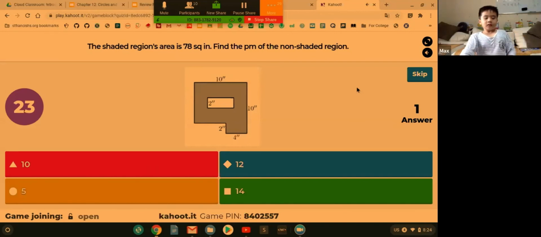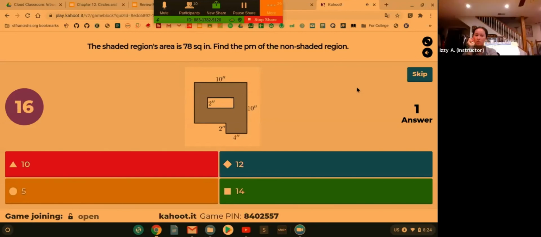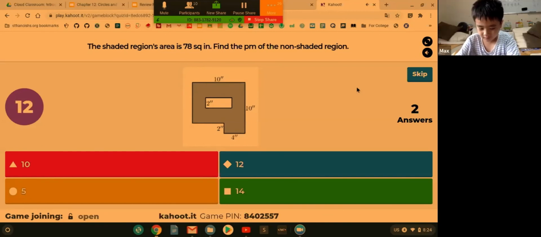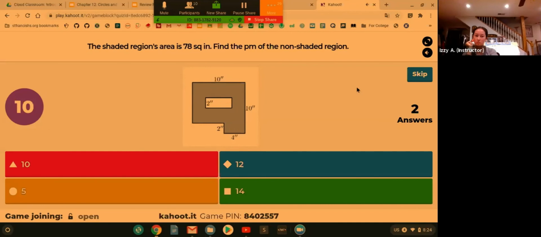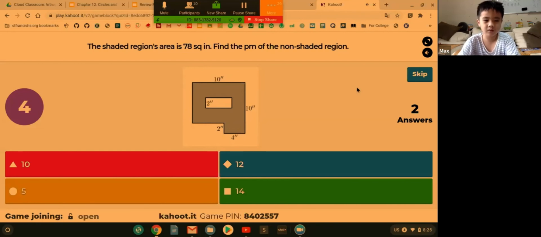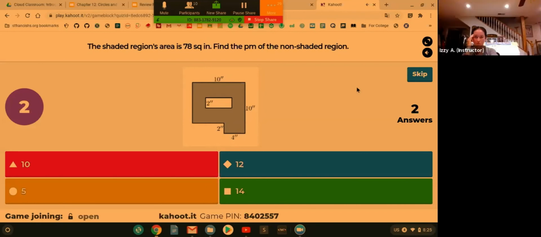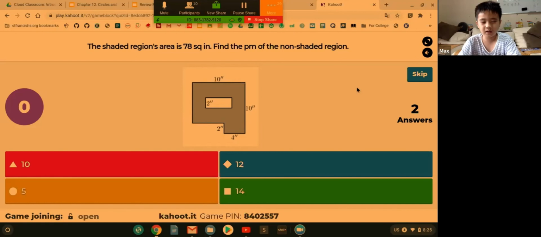So let's see. Looks like we're going to need some serious calculations, don't we? Some serious calculations. See this calculation. So it might be okay.